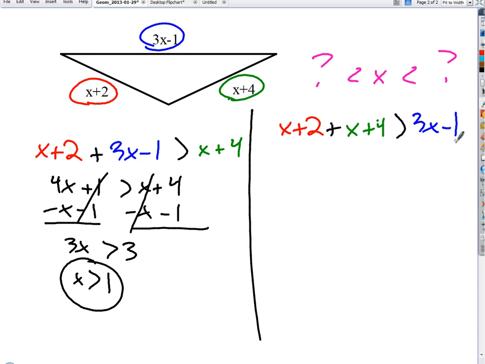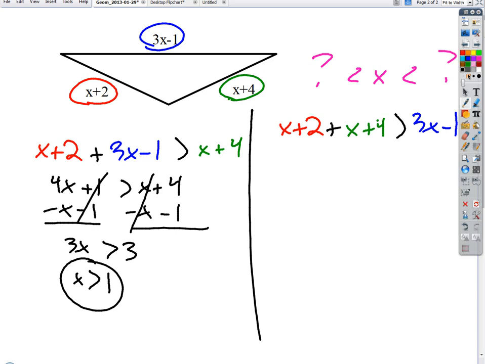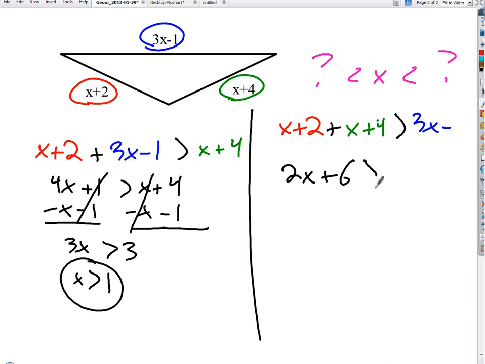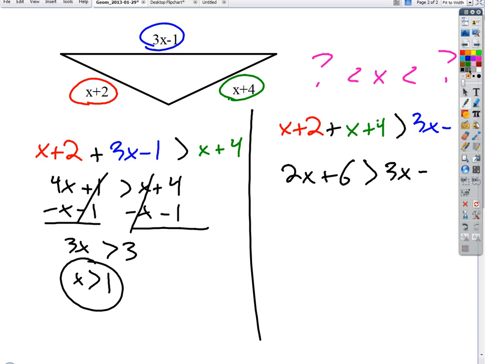Okay, let's do the algebra. So on the left side, if I combine like terms, x plus x, whoops. Two x plus 6 is greater than 3x minus, is this supposed to be a 1?